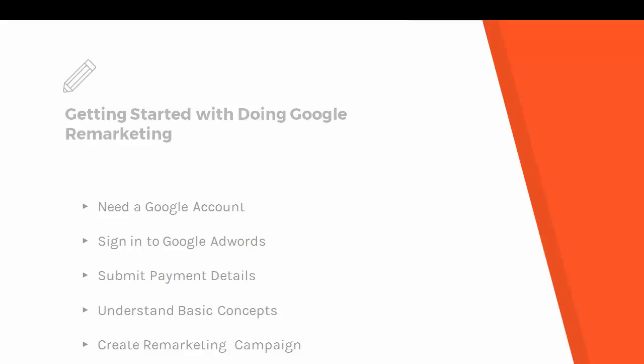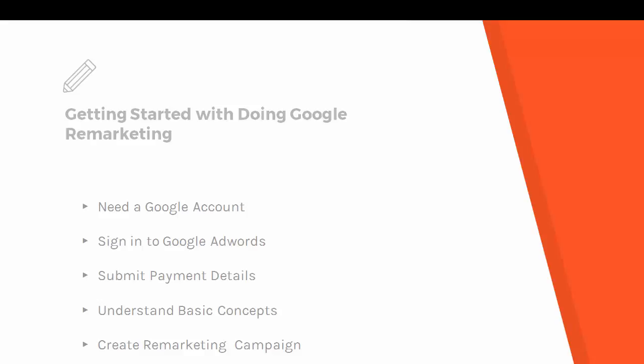Then you need to have some basic know-how of concepts. And finally, you need to create something known as a campaign in Adwords and then do remarketing through it by creating ads related to your product or service. So in a nutshell, these are the small set of steps which are required.